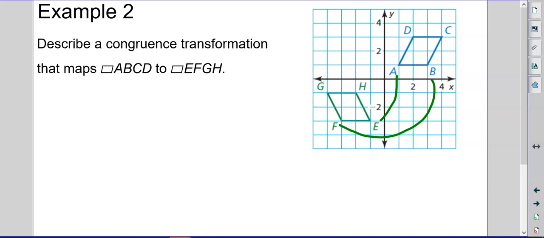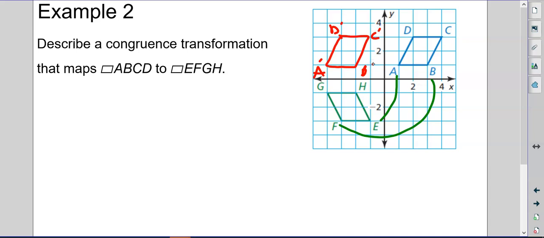So for example, first off, don't write this down. If I just slid this one over 1, 2, 3, 4, 5 spots, all right? My A would be lined up here. B would be here, and C would be here, D would be here, technically prime.